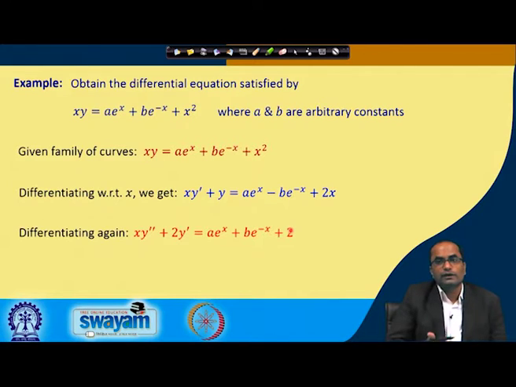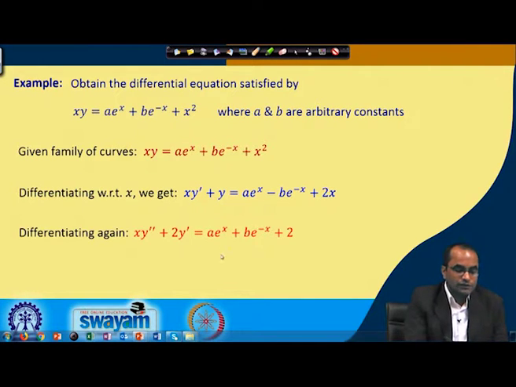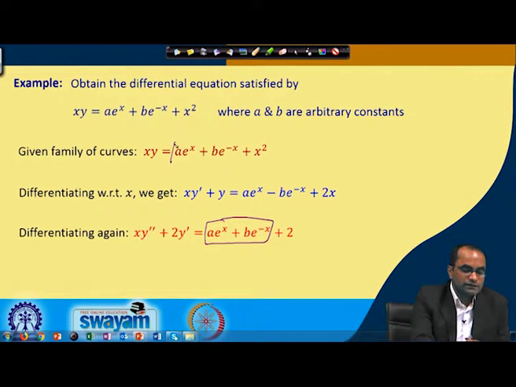Now we have already differentiated this 2 times, and now we want to eliminate these constants. What do we see here? That a e power x plus b e power minus x is also there in this given relation.